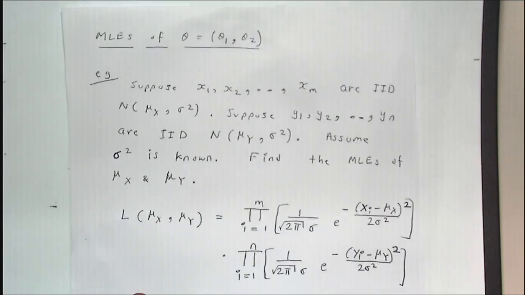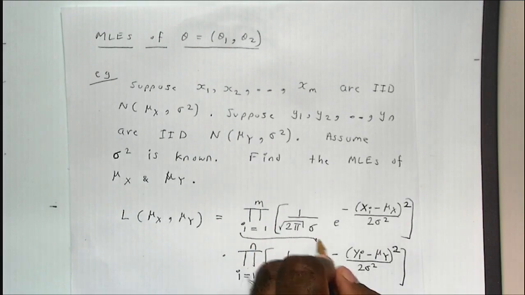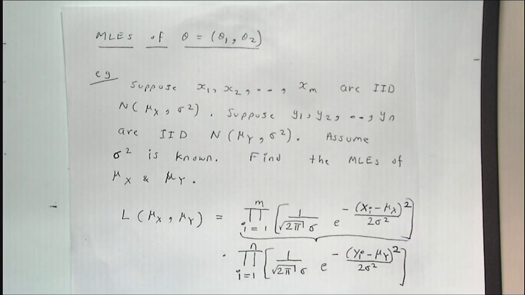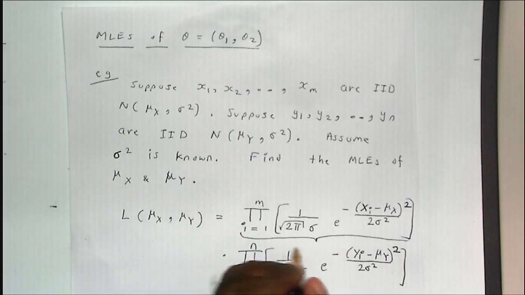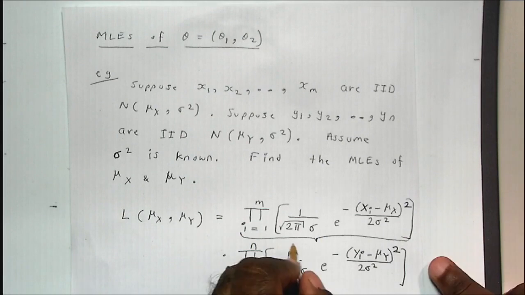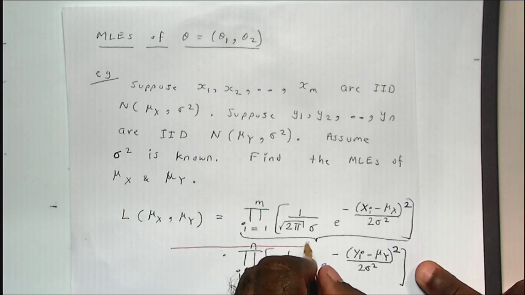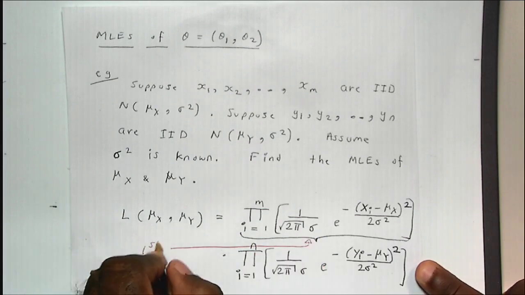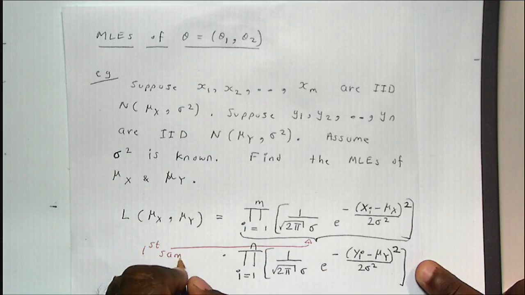So you see, the likelihood is the product of these two. Basically, because you have two different samples, the first product corresponds to the first sample, right? So this one is the contribution from the first sample. So if I may write down here, guys. So this is the contribution from the first sample, right?